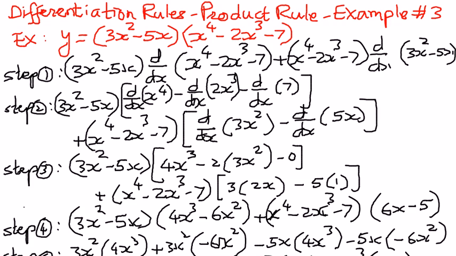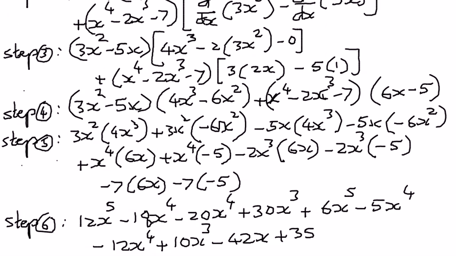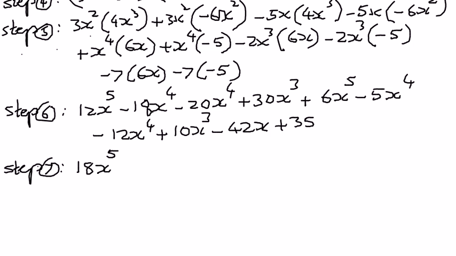So we continue the process of simplification here. So we have 18x to the power of 5. Then we'll collect all the x to the power of 4 terms, minus 18x to the power of 4 minus 20x to the power of 4 minus 5x to the power of 4 minus 12x to the power of 4.